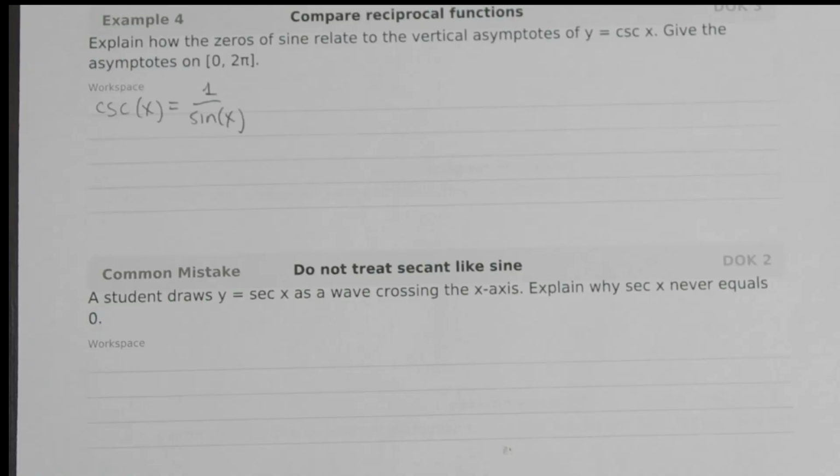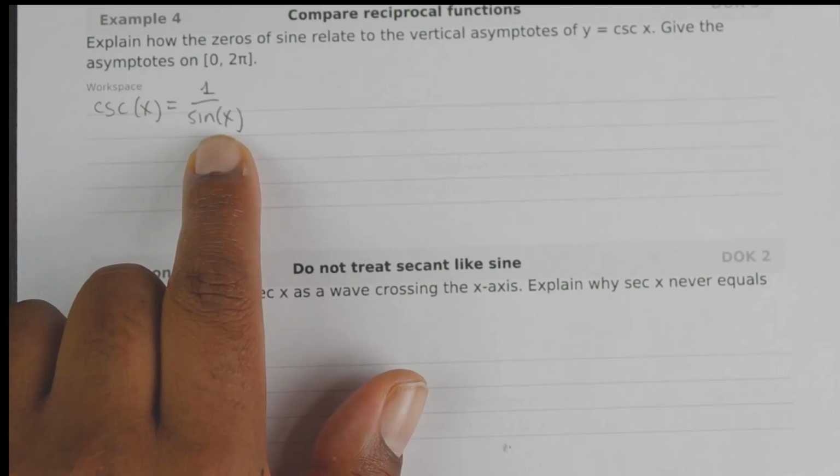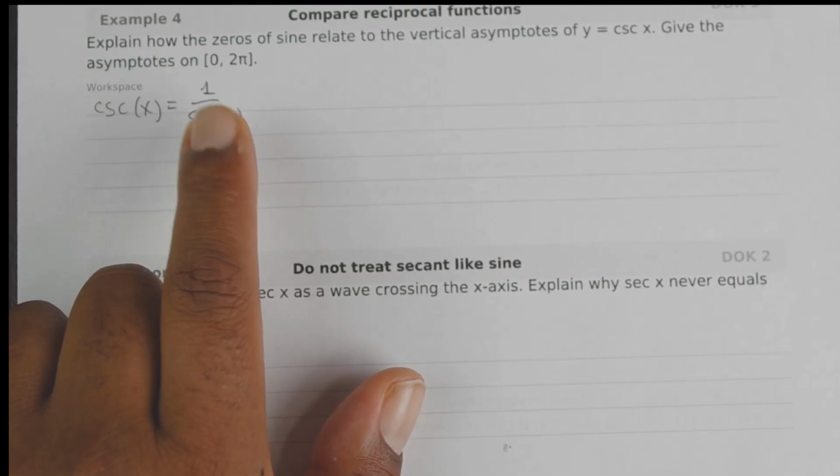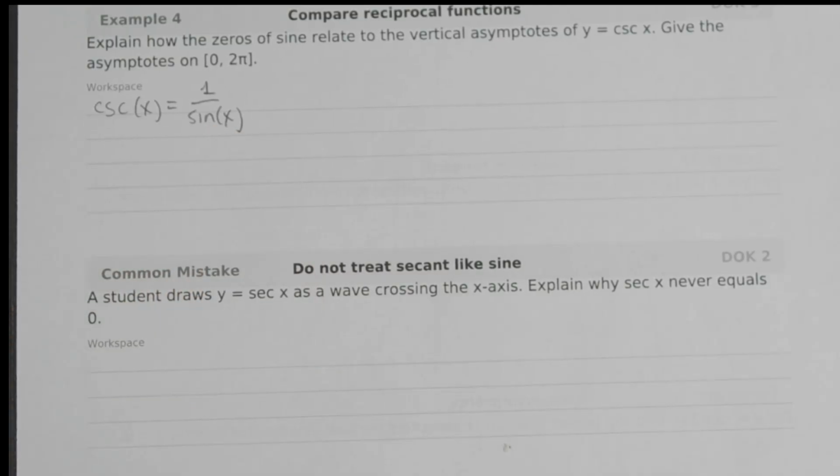So sine x is the denominator. So whenever sine equals 0, cosecant would be undefined, right? So it would have a vertical asymptote. Again, whenever sine equals 0, cosecant is undefined.